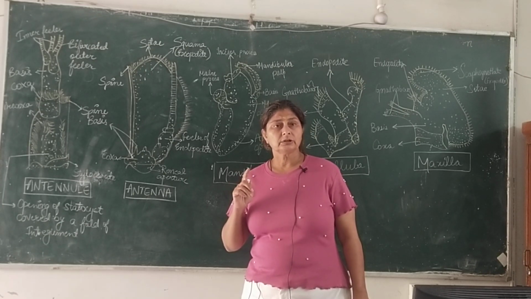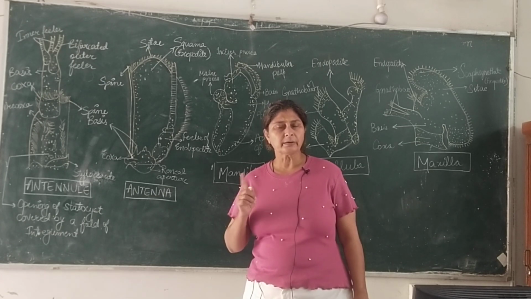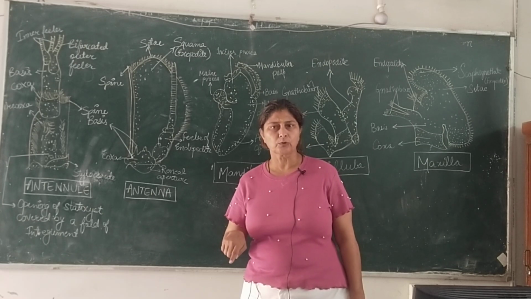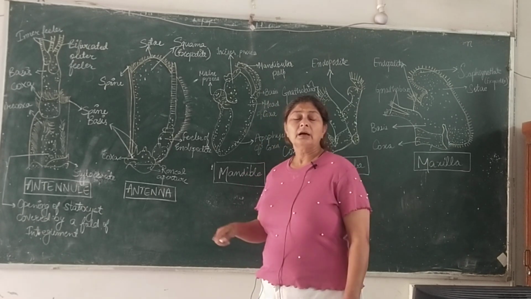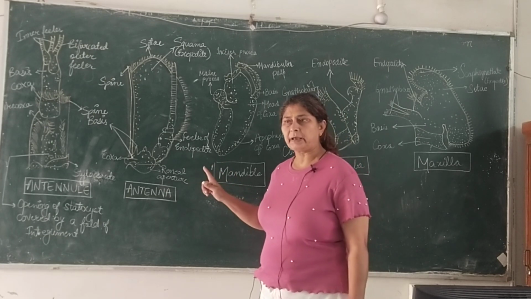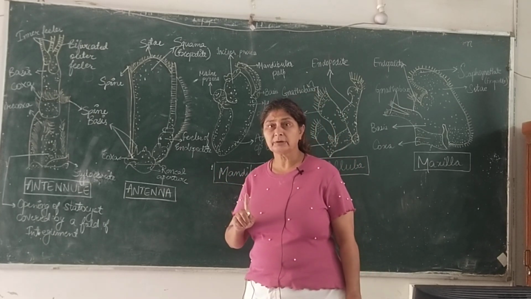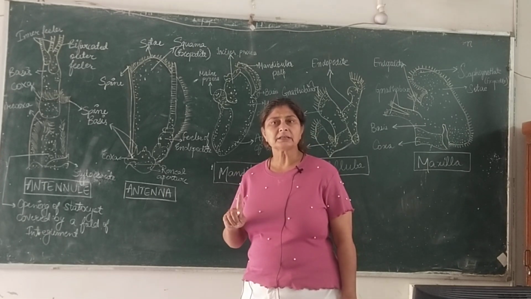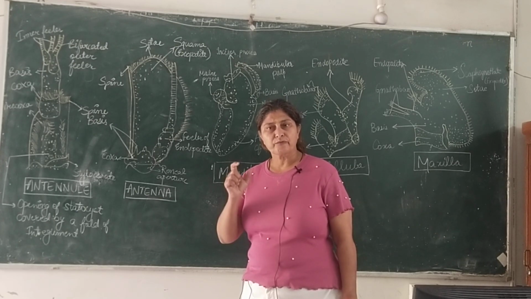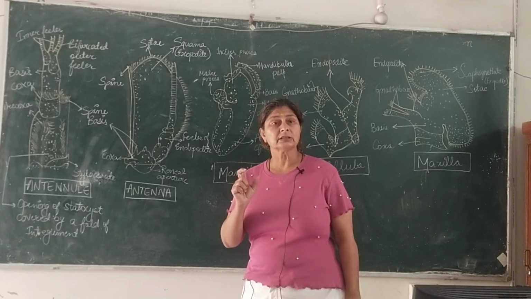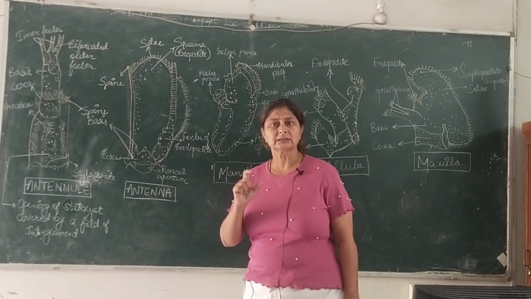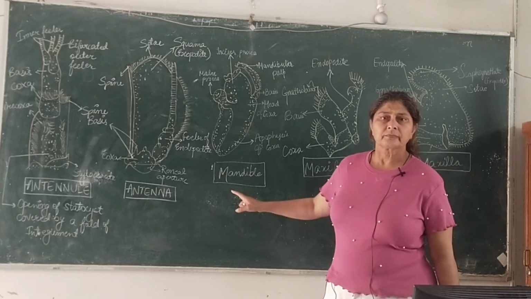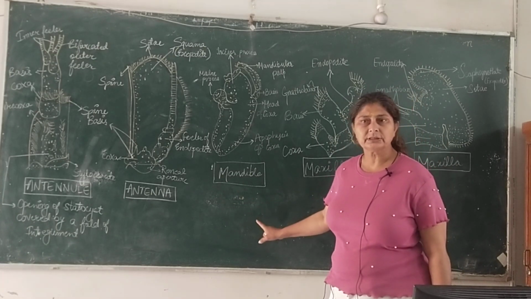Now each segment has one pair of appendages. In my first lecture I told you, each segment has paired appendages. The appendages present in the first 5 segments, that is in the head region, called the cephalic region, are spelled as cephalic appendages.